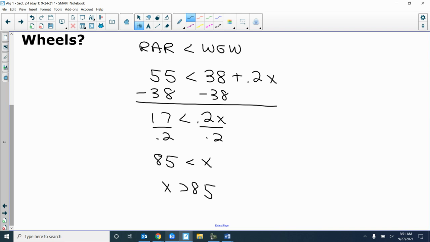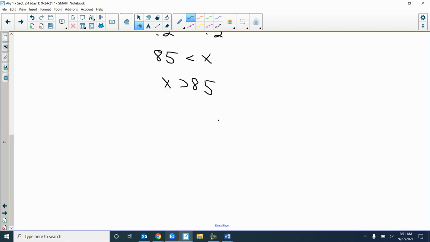At 85 miles, it will be less at Rent a Ride? You're slightly wrong, because at 85 miles it would be the same. So it's not at 85 miles. Does that say less than 85 miles? No, it says greater than 85 miles.